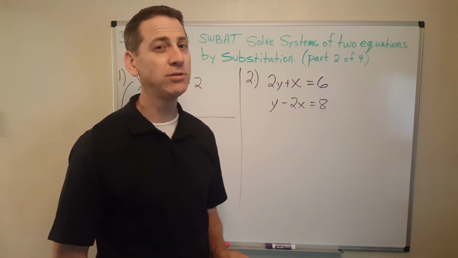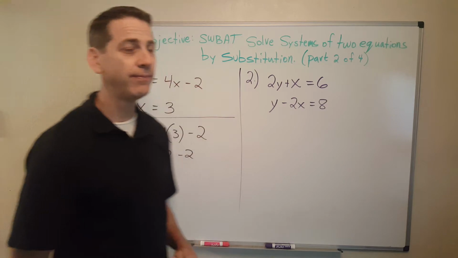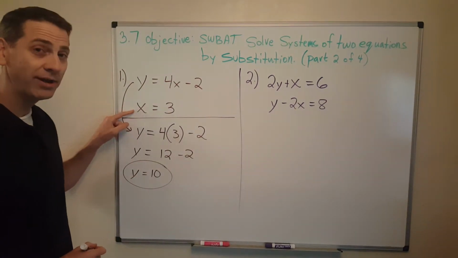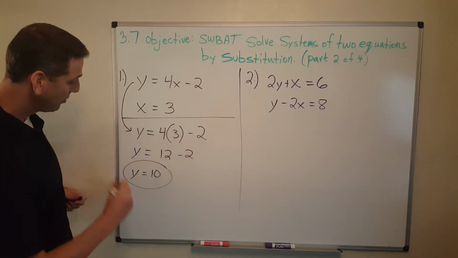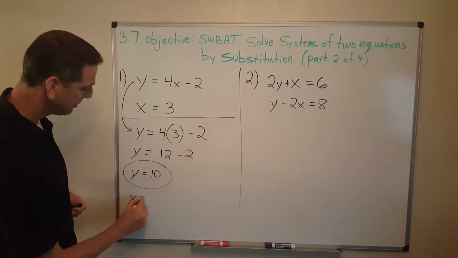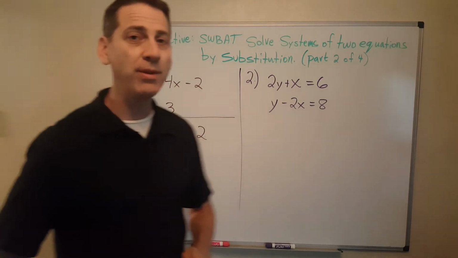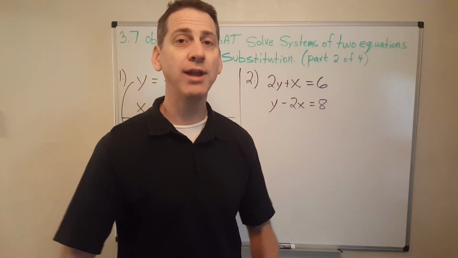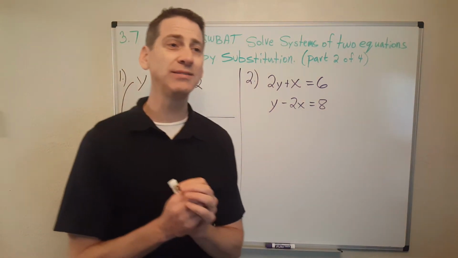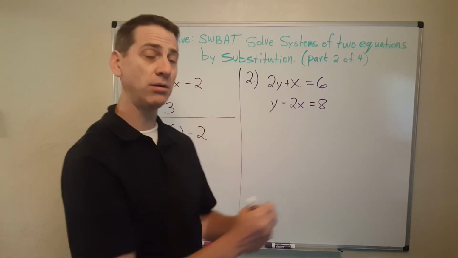Do I know the solution for my x coordinate? Well, in this one, it already was given for us. We already know that x equals 3. Therefore, my system is solved. Now all that's left to do is to put this in an ordered pair.